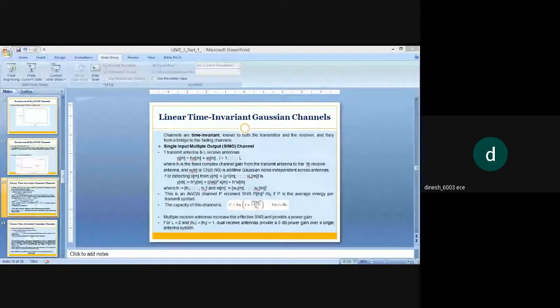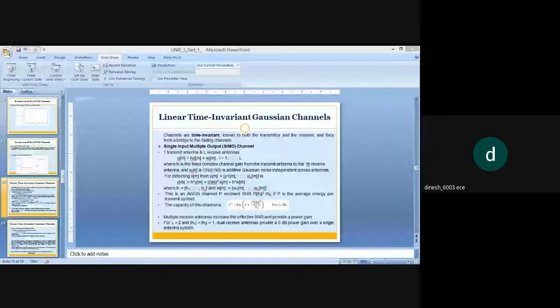So the different types of channels in the linear time invariant Gaussian noise channels are the single input multiple output, SIMO we call in short. So it means one transmitting antenna and multiple receiving antennas.